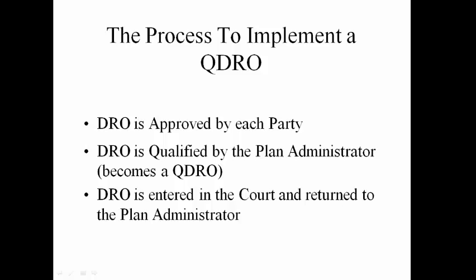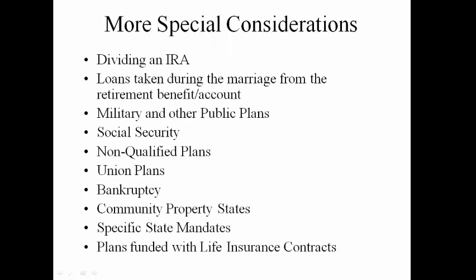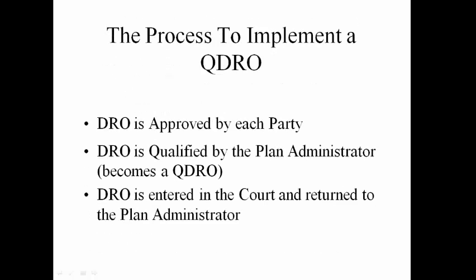I think you saw from the example I gave you that the ambiguity in that PSA caused significant disparity between what should have been paid and what could have been paid to the non-participant spouse versus what the participant spouse should give up. The PSA should be very specific.